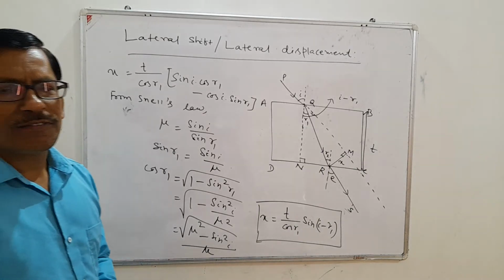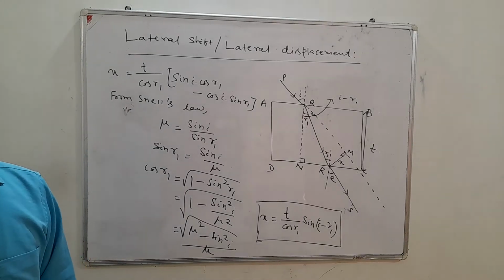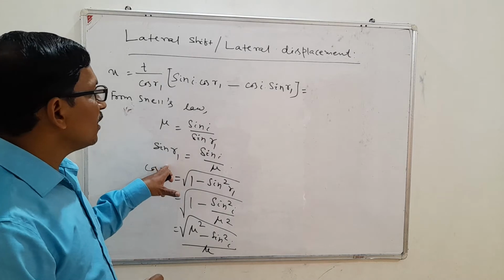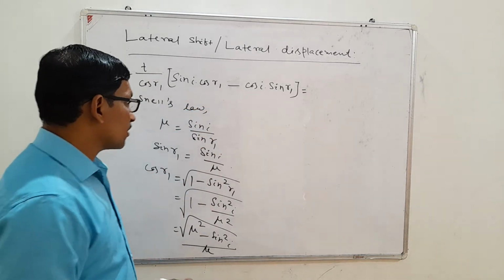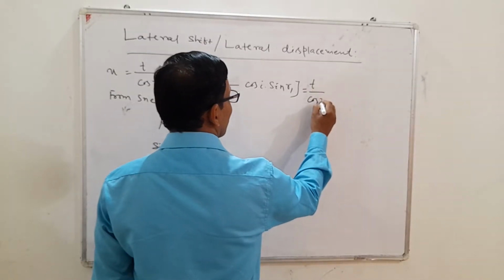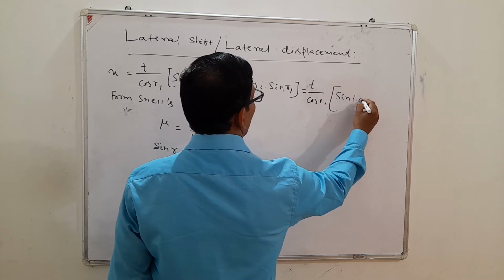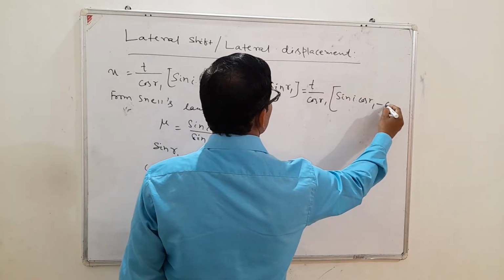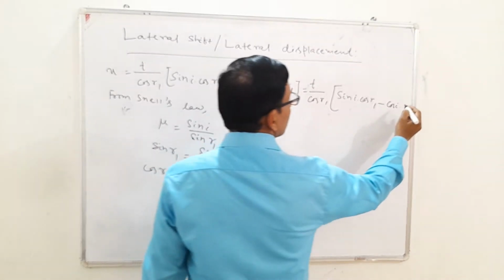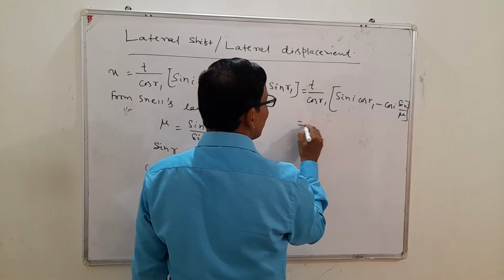Now let us put the values of sin R1 and cos R1 in this expression. So this is t by cos R1 into sin I into cos R1 minus cos I, and for sin R1 I will put sin I by mu. Now sin I can be taken common.